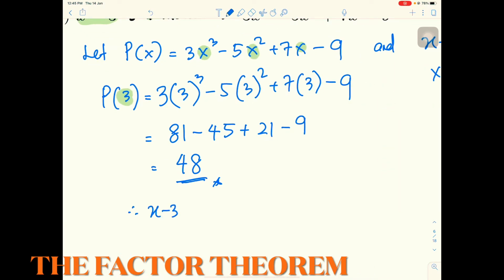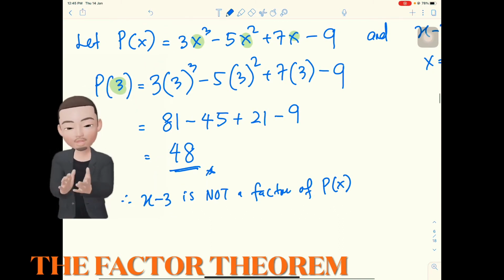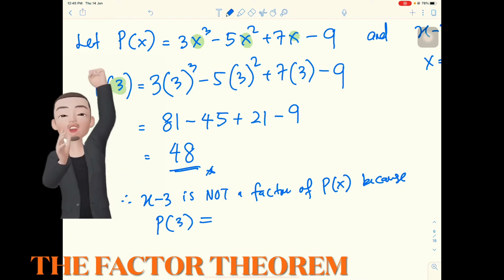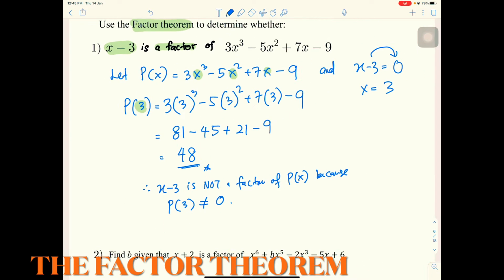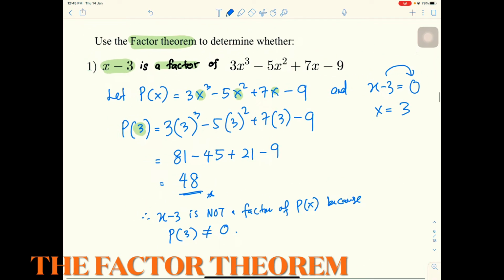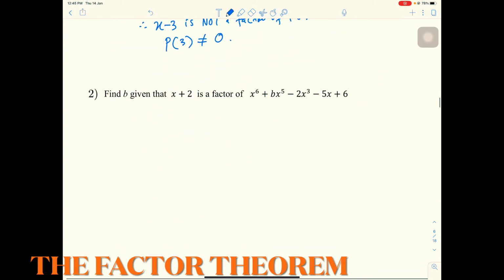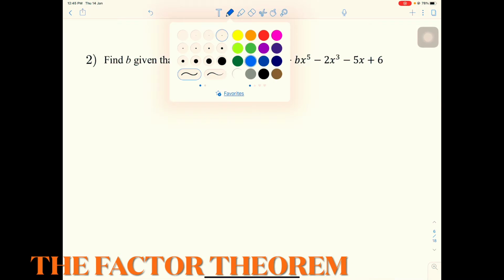Therefore, x minus 3 is not a factor of the polynomial, because p(3) is not equal to 0. So this is the basic skill if you want to determine whether the terms are a factor or not.